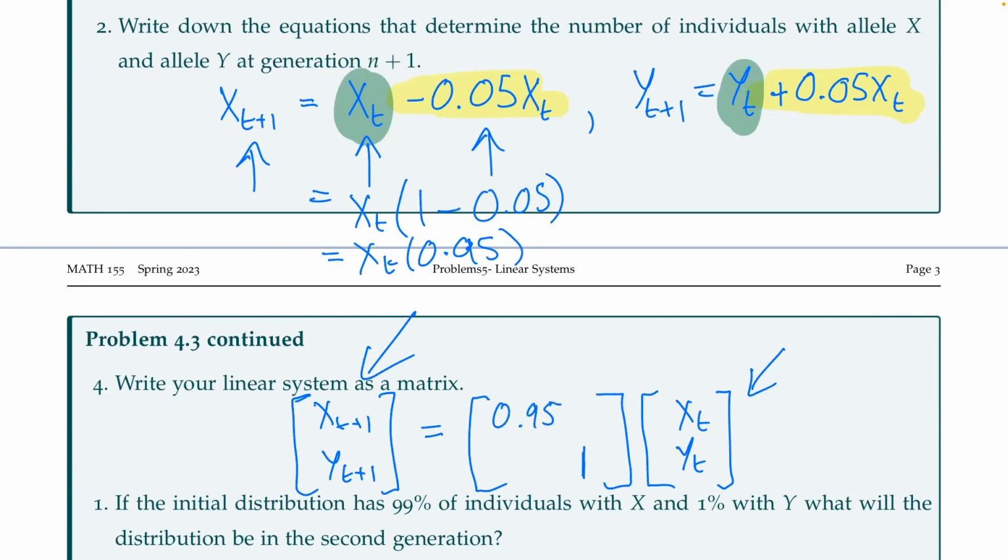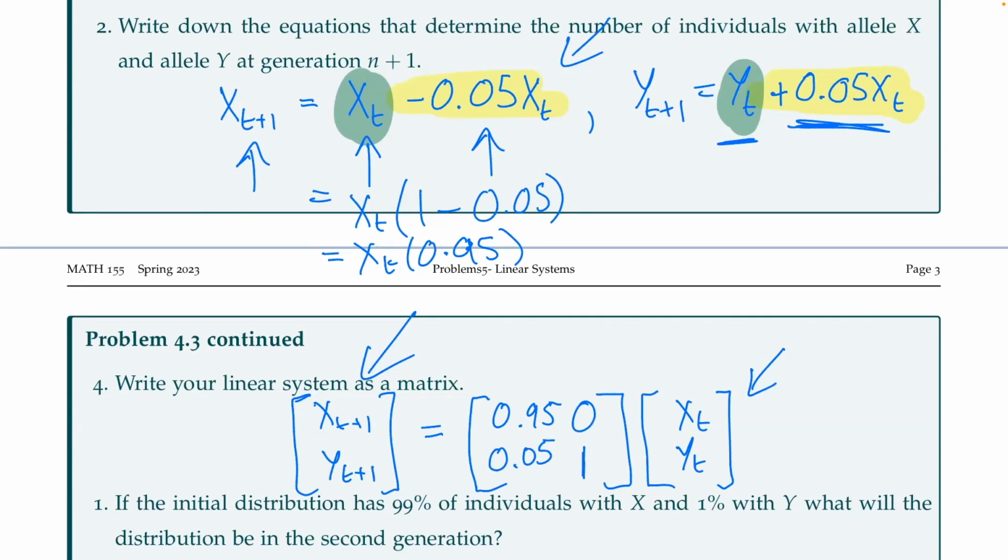All I've done here is we had a 1 minus 0.05, which we can write as 0.95. There's no Y in this first equation, so we have 0. In the second equation, we've got our YT times 1, and we've got 0.05 times our XT. So we write 0.05 and 1 on our second row.